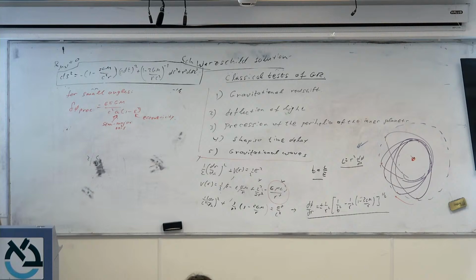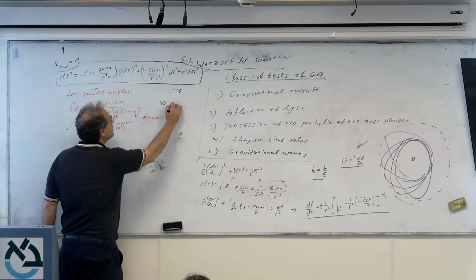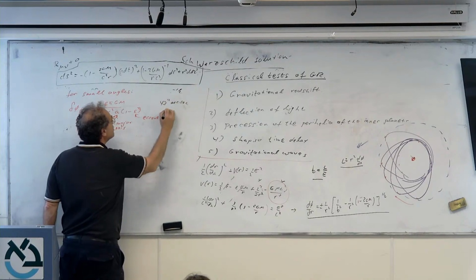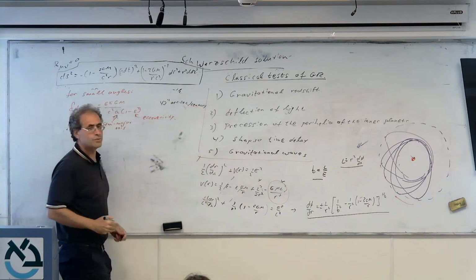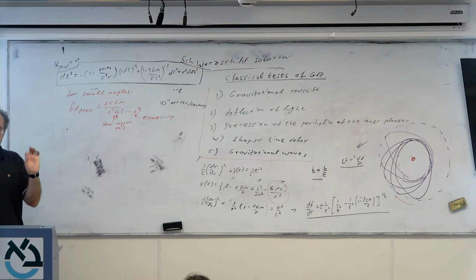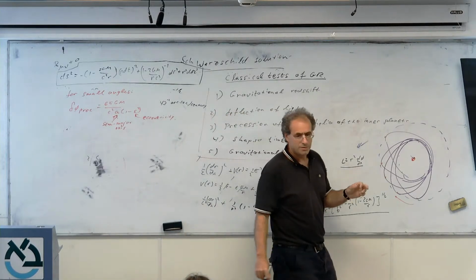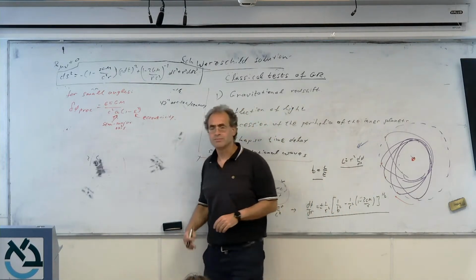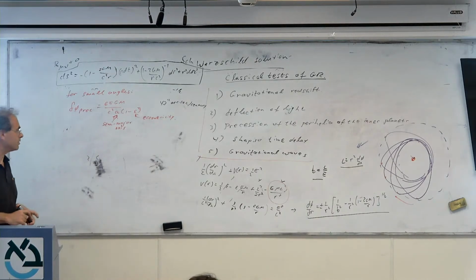Just for Mercury, the prediction was 43 arc seconds per century. That's what we're talking about. A tiny deflection relative to what Newtonian physics would tell us, but it was already known and measured. Of course, consistent.